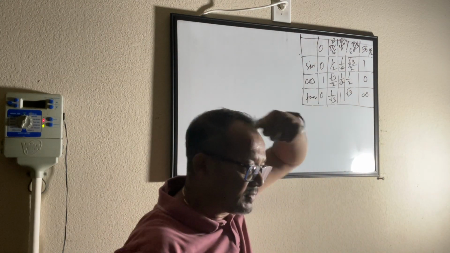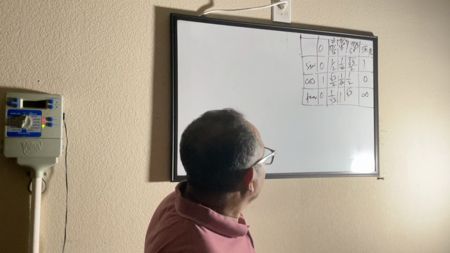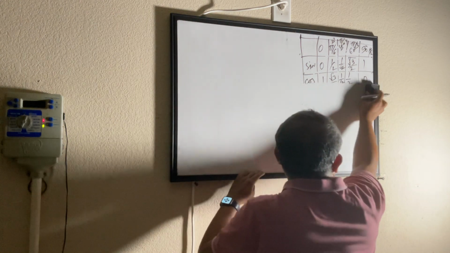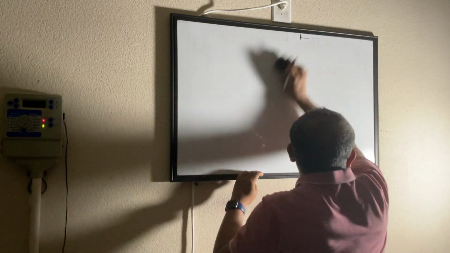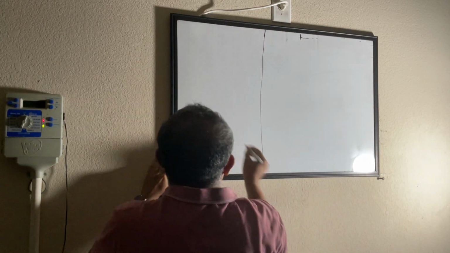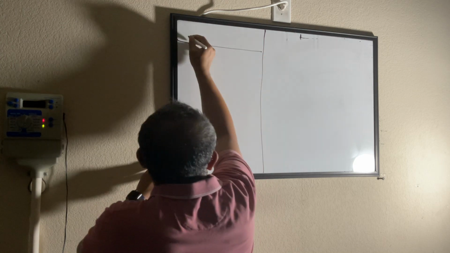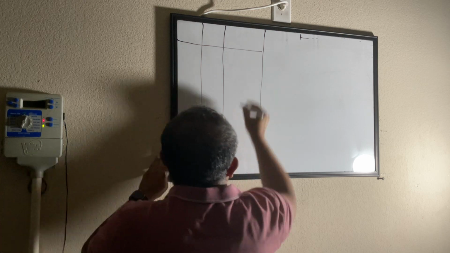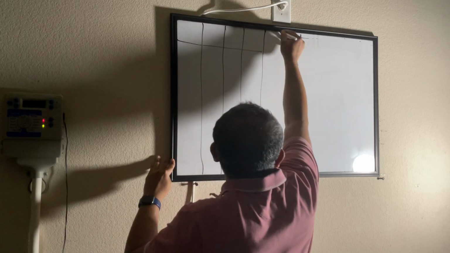Okay. Let me try making this table smaller. Okay. This table will probably bother you a little bit more, but this table will be our source of information for today's calculation.